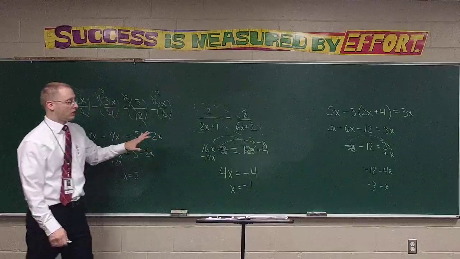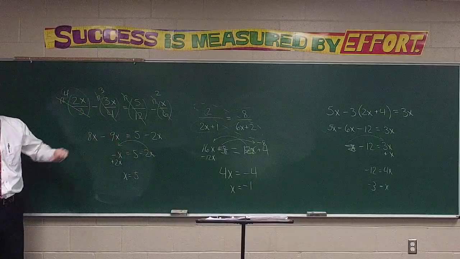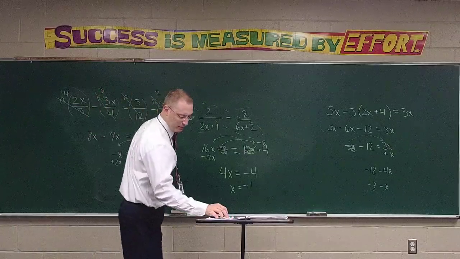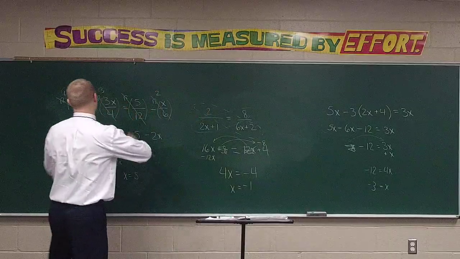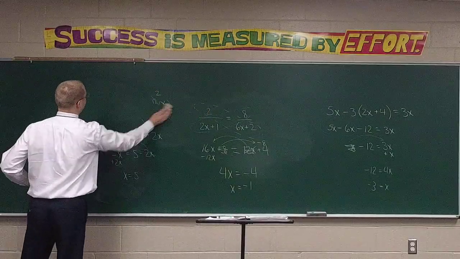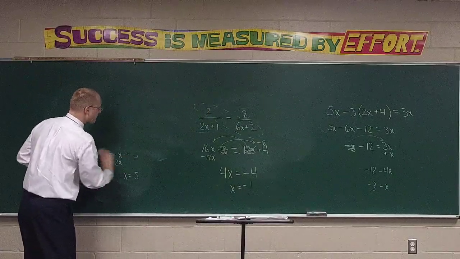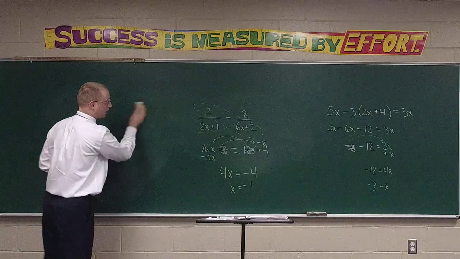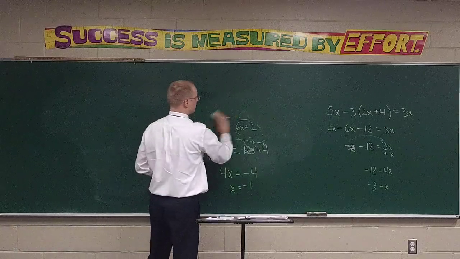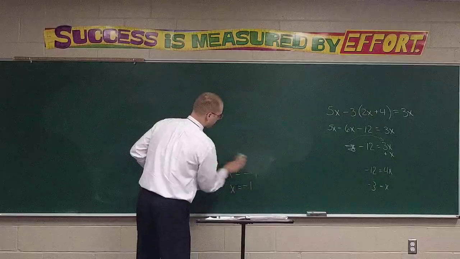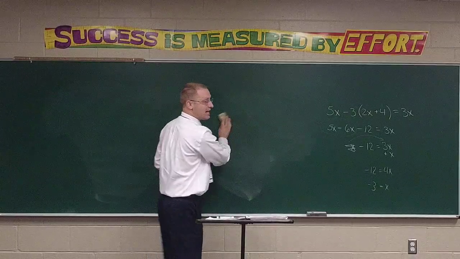Any questions on that? All right, another type of equation that we talked about involved absolute value. And the key to absolute value, class, is to remember 2 words. Positive, negative.